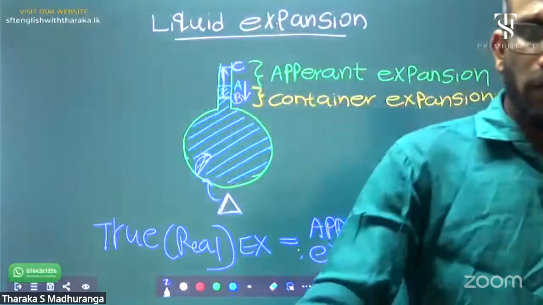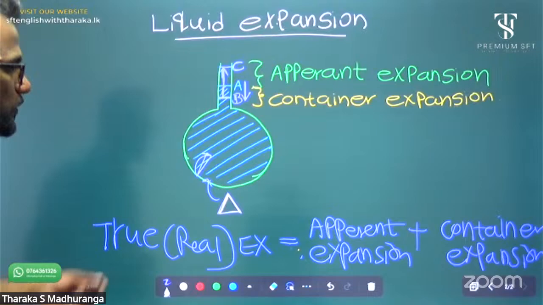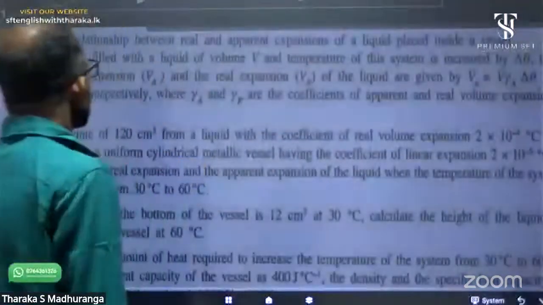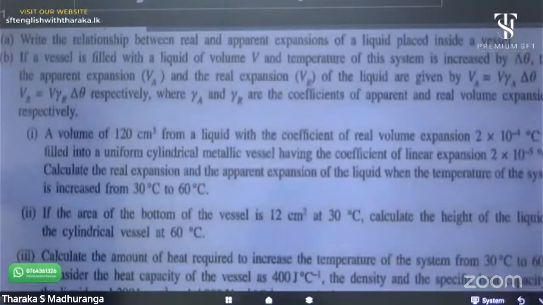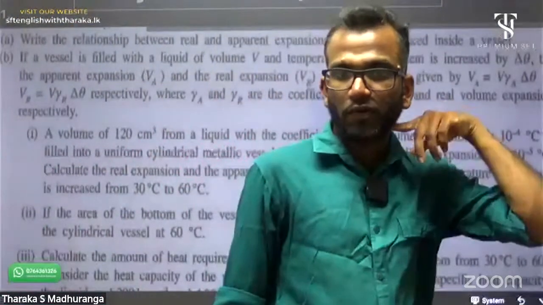Okay, if you need to note down anything, you can note it down. Okay, actually this is the answer for the first part. Write down the relationship between real and apparent expansion of a liquid placed inside the vessel. What is the answer?